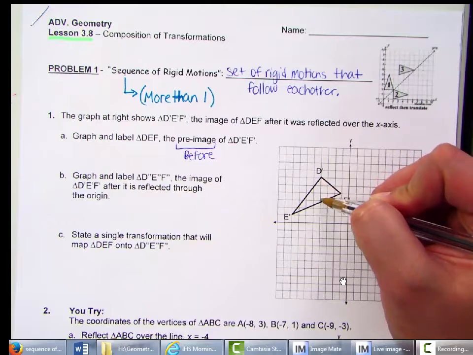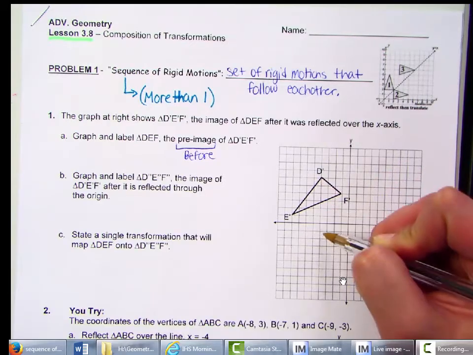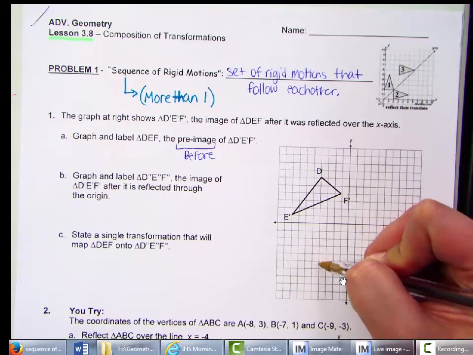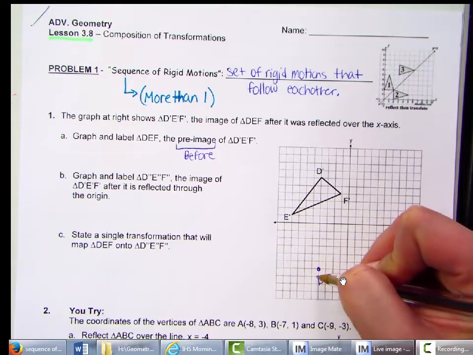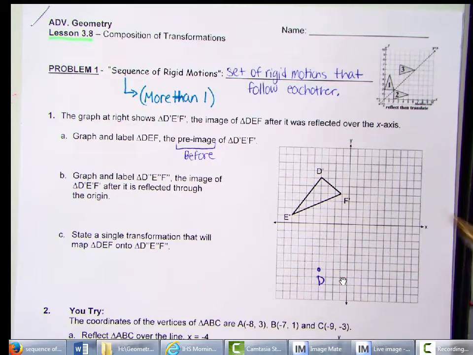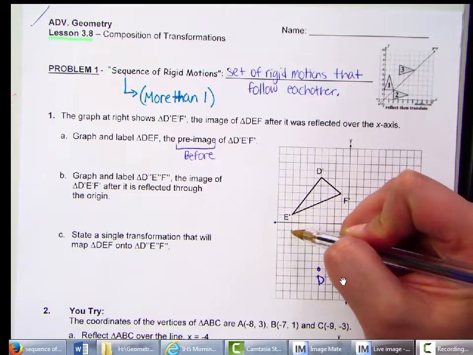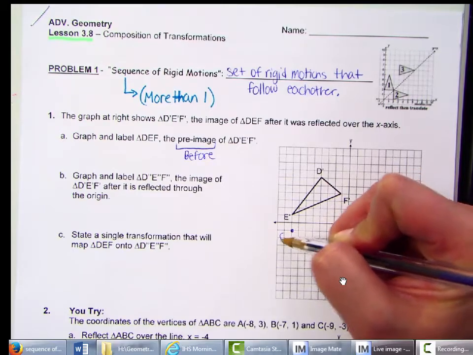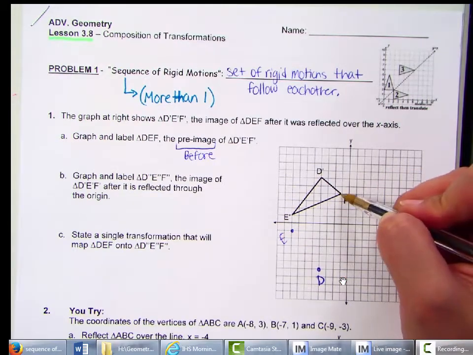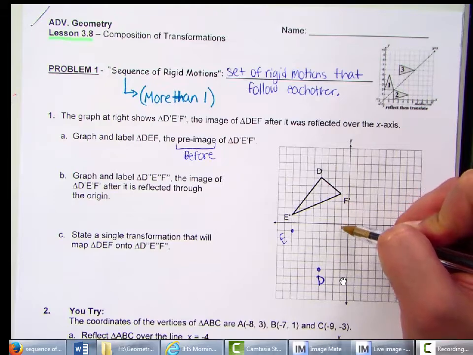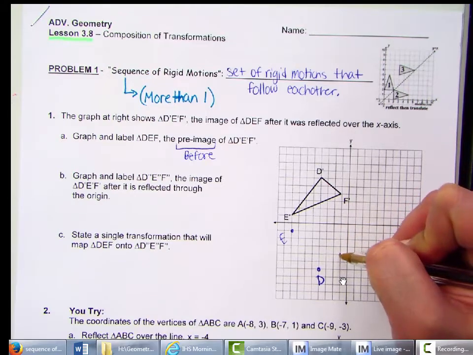1, 2, 3, 4, 5, 6. 1, 2, 3, 4, 5, 6. There's original pre-image D. E is 1 away from the x-axis, so it's 1 away. F prime, 1, 2, 3, 4. 1, 2, 3, 4.